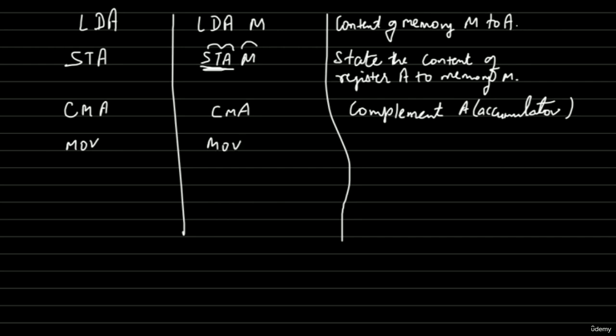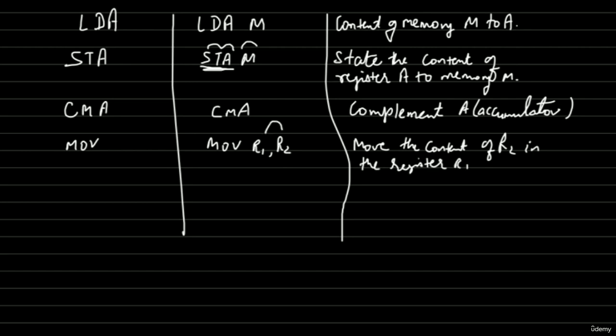So MOV R1, R2 means move the content of R2 into the register R1. You have to remember that it is always this register that gets the stored value. Okay. Now let's proceed to the next command, which is DCR.